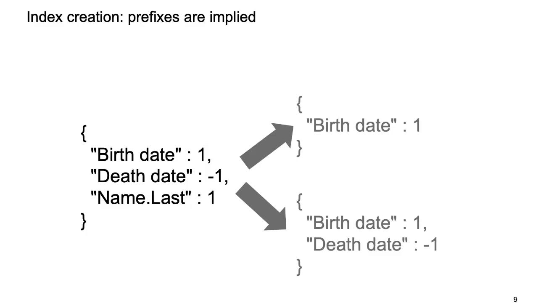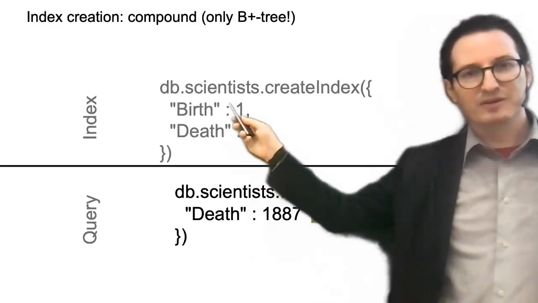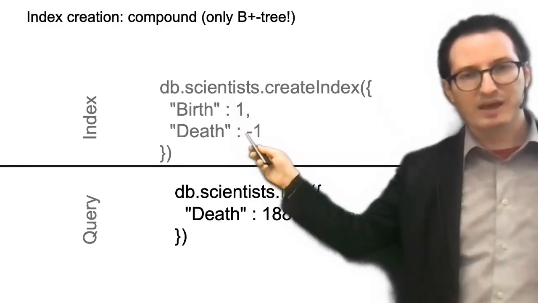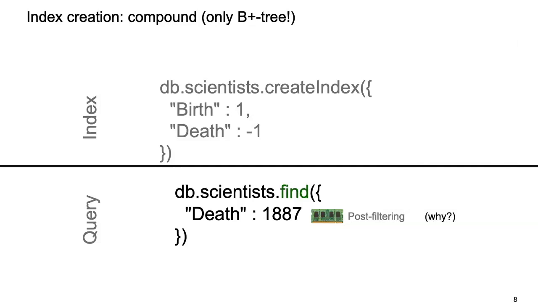No, it's really because of the impact that it has at query time. For example, if you have here a birth and then death decreasing, that allows you to access them in a certain order. In some cases, if you want to order at runtime in a specific order, and that order matches the order of the index, then you can just look at the records directly in the right order.